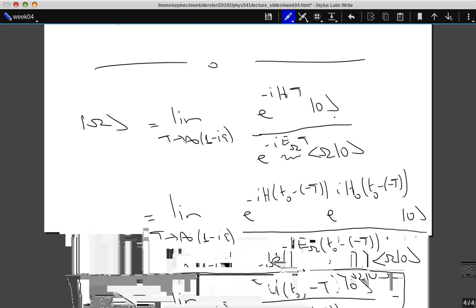The bra of the ground state will be, well, just look at this expression over there, this line.